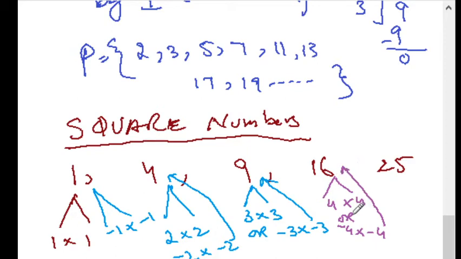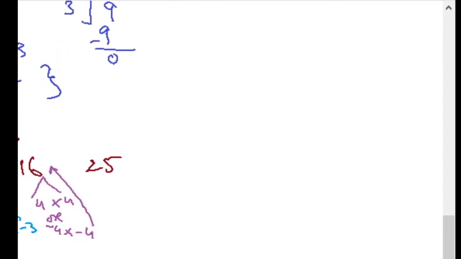So these are numbers we get when we multiply two same integers. When we multiply two same integers, we get square numbers. I'm writing about them here.